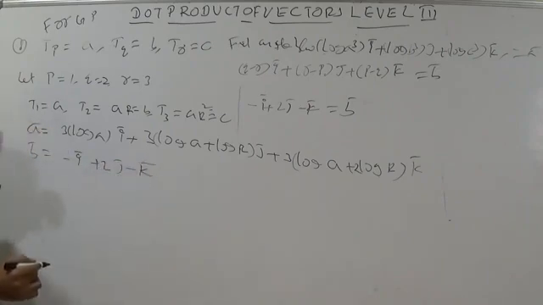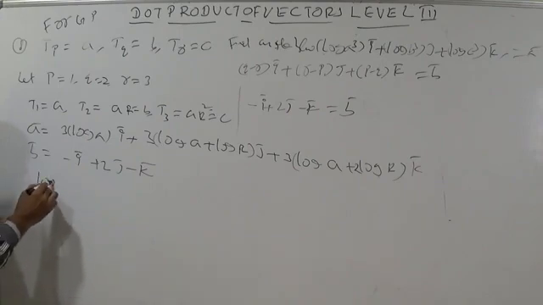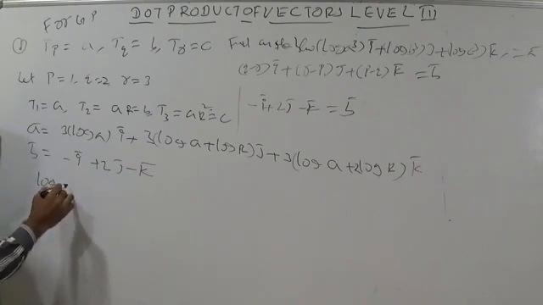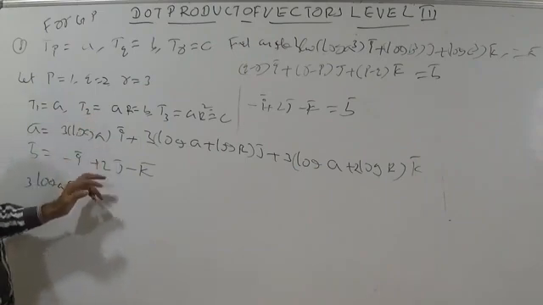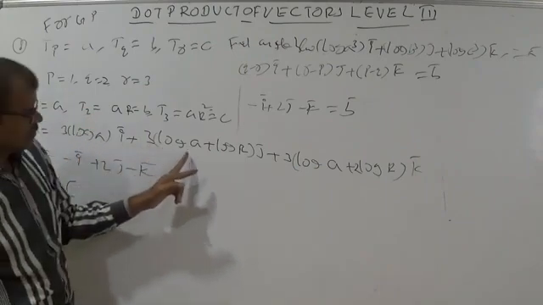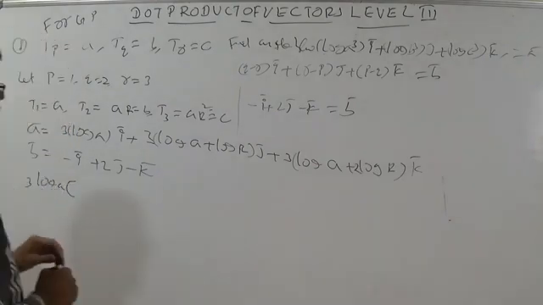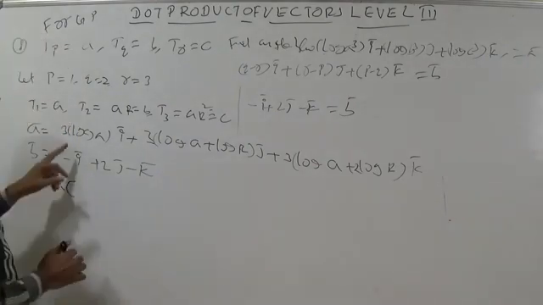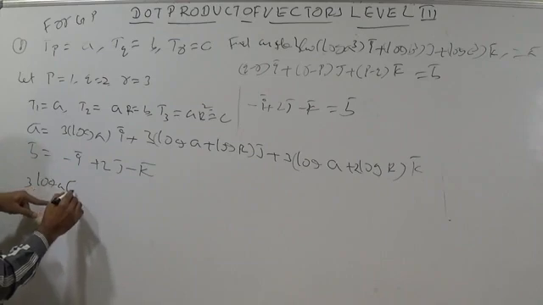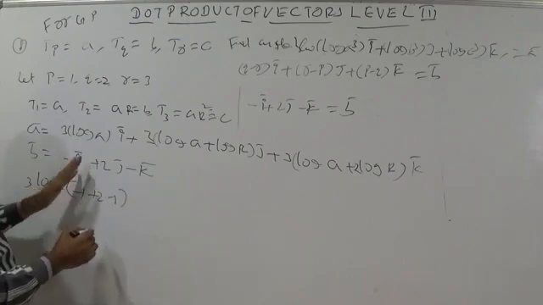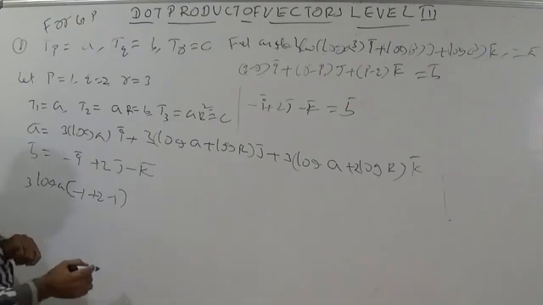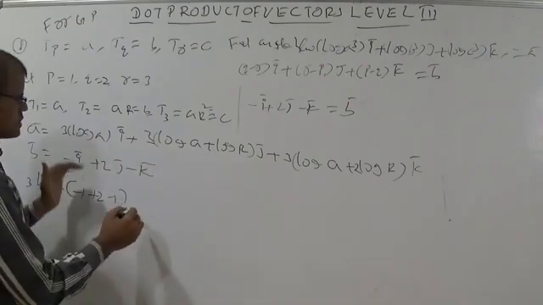If we multiply, we take 3 log A common. First, with i, 3 log A into minus 1 plus 2 minus 1, so 2 minus 2, the log A terminology becomes 0, and for i this is completed.